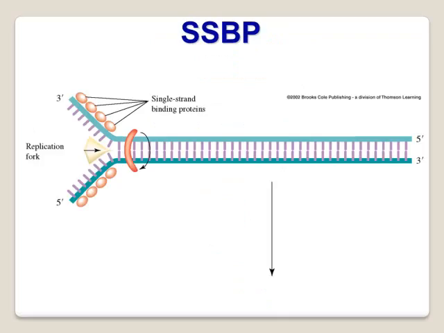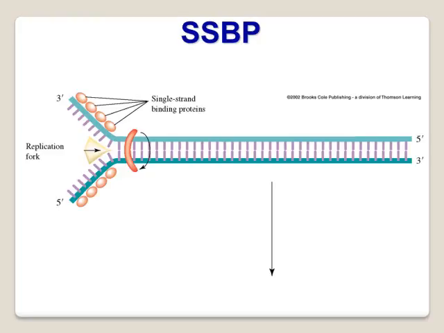Then as the DNA strands are separated, they are stabilized by single-stranded DNA binding proteins. Now, this serves two functions. Number one, to keep the DNA strands single-stranded, separated. It is possible that they might come back together, and that reaction is very favorable, or they can form double-stranded loops within themselves.